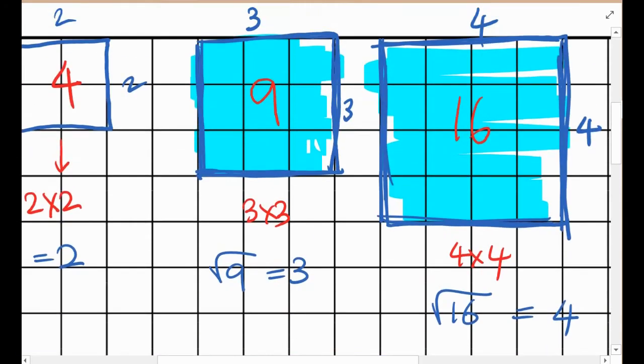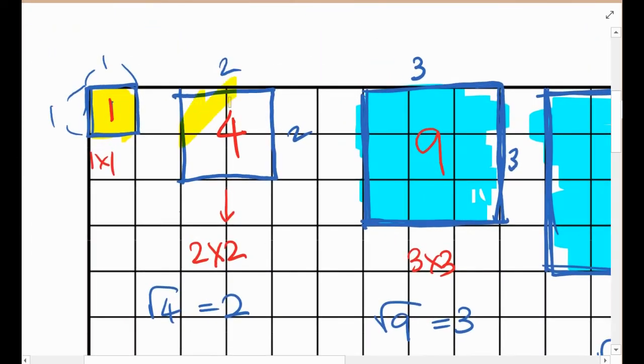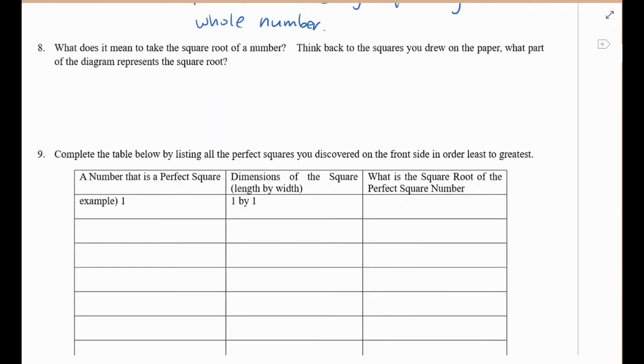So basically, when you know the area of a square, finding the side length of the square is taking a square root of a number. Okay? All right, let's go back.